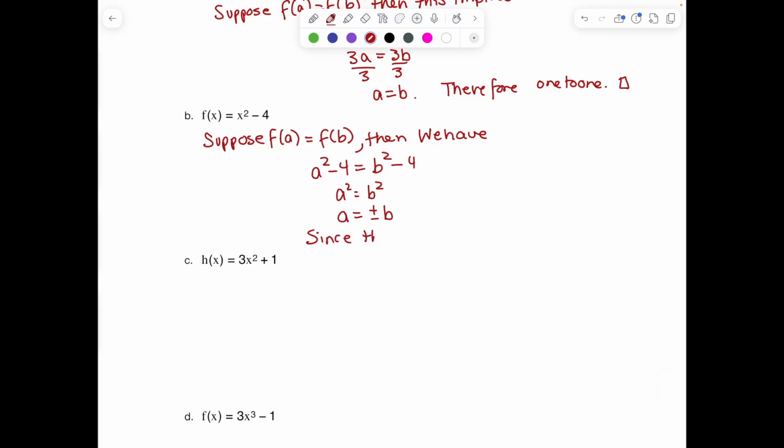Since this does not imply for all a that a equals b, f is not 1-to-1. Tombstone it.